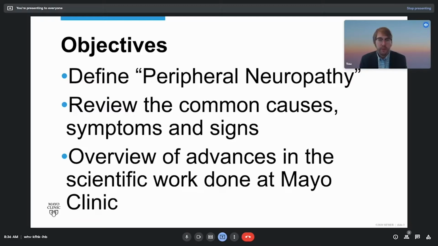That would include reviewing the common causes, symptoms, and signs of peripheral neuropathy, and a basic overview of some of the advances in the scientific work done at Mayo Clinic in the field of peripheral neuropathy.